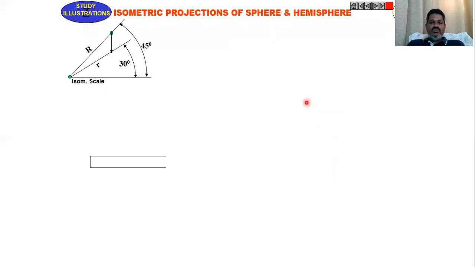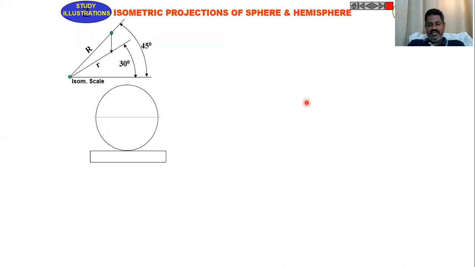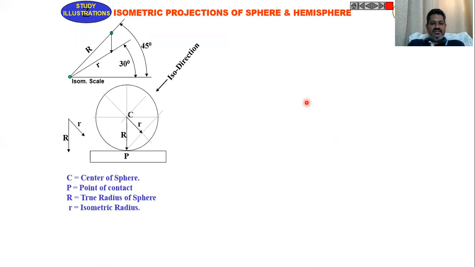Now let me take one more figure. We have a sphere here, as you can see. This is the diameter and radius is given to us. Then C will be the center of the sphere.